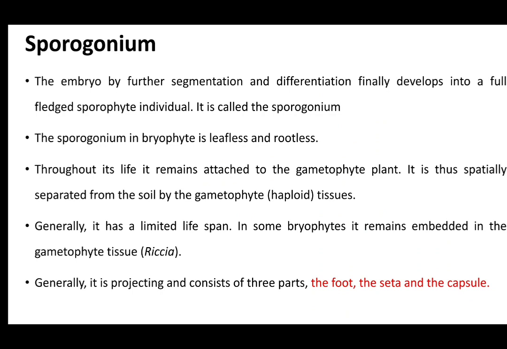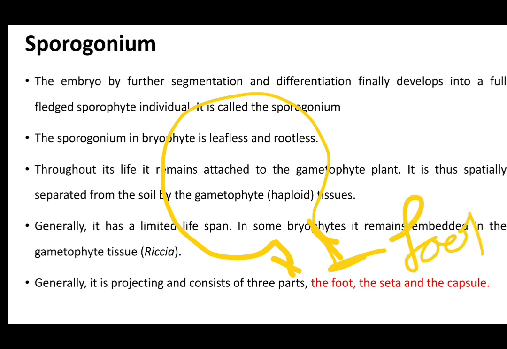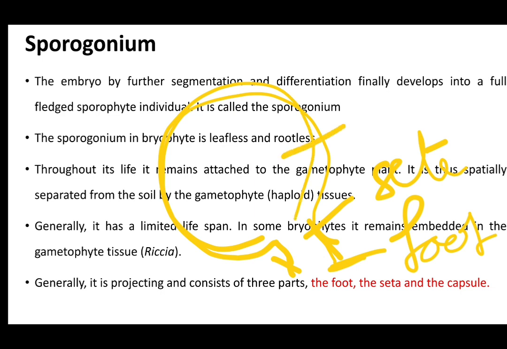Generally it has a limited time span and has three parts: the foot, the middle part seta, and the capsule. It is a structure like this, attached to the gametophytic plant by the foot. It has a basal part called foot, a middle part called seta, and a long capsule.